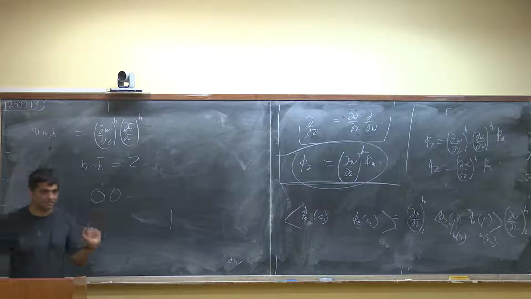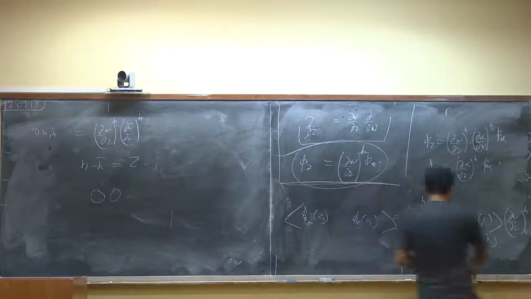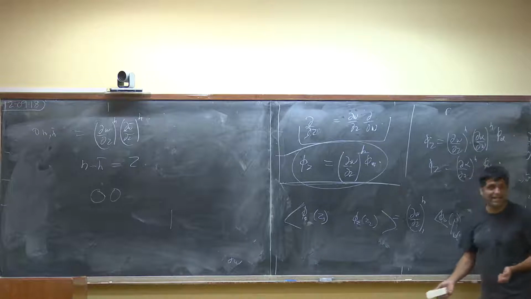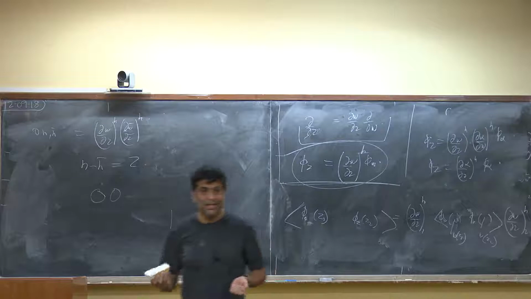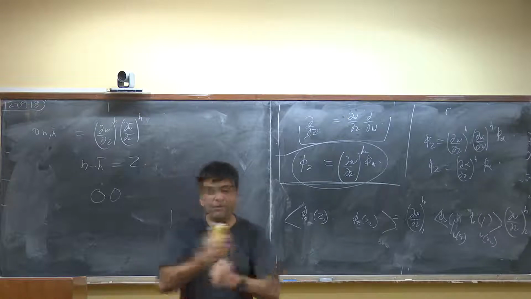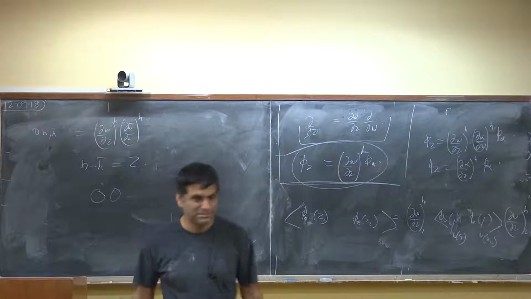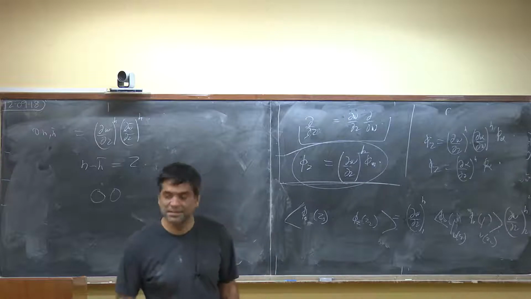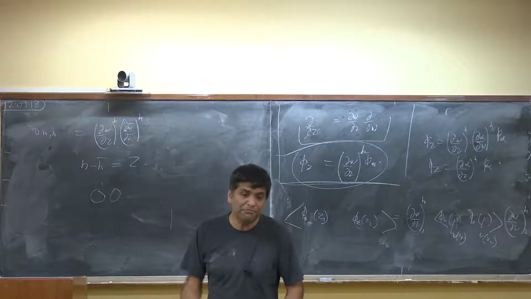Is this clear? Great. Now, these primary operators, the first thing I want to understand is what's the interaction between primary operators and the Virasoro algebra, so the stress tensors. But that's very easy, because I've already told you how a primary operator transforms under conformal transformations.